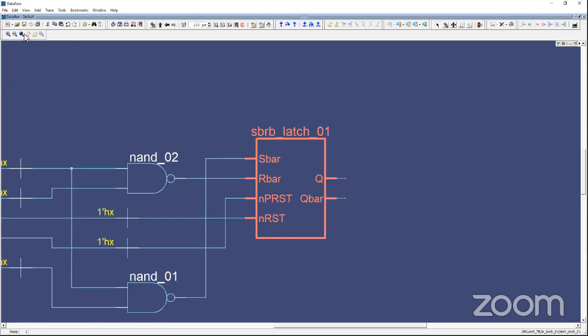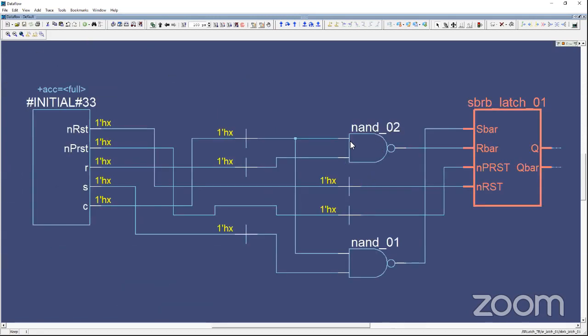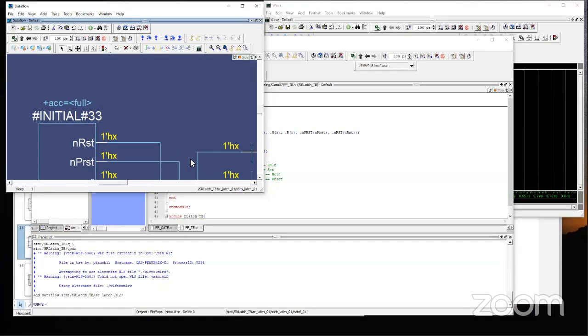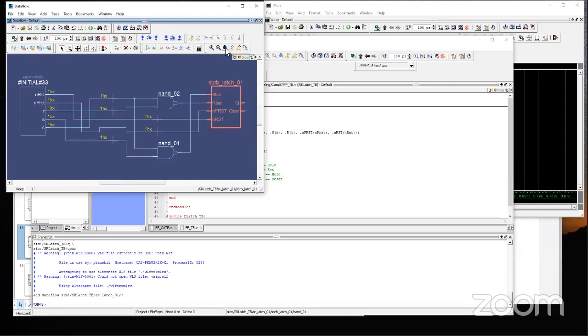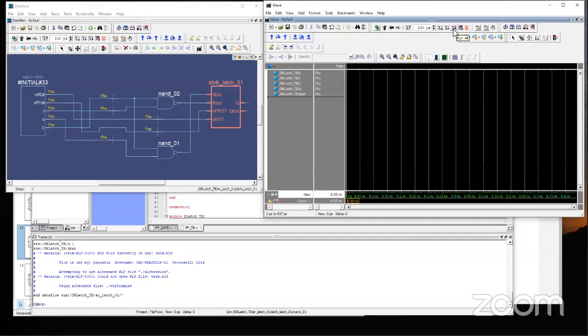Okay, so this is really the one: two NANDs with R and S, with the control going to them, and they are fed into the SBar RBar latch. Forget about preset and reset right now. Q and Q bar are observed in the test bench. So that's what happened, and then we can simulate.